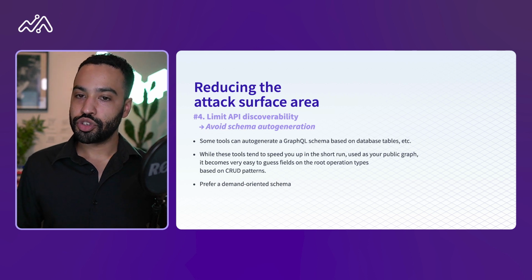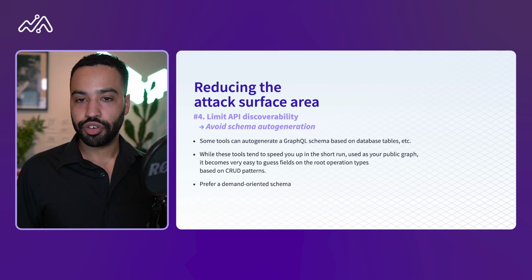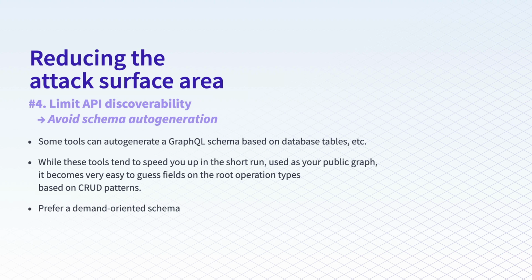The next tip is to avoid schema auto-generation. Many tools will auto-generate a GraphQL schema based on database tables or an existing RESTful API, for example. While these tools tend to speed you up in the short run, they make it very easy to guess fields on root operation types based on CRUD patterns.